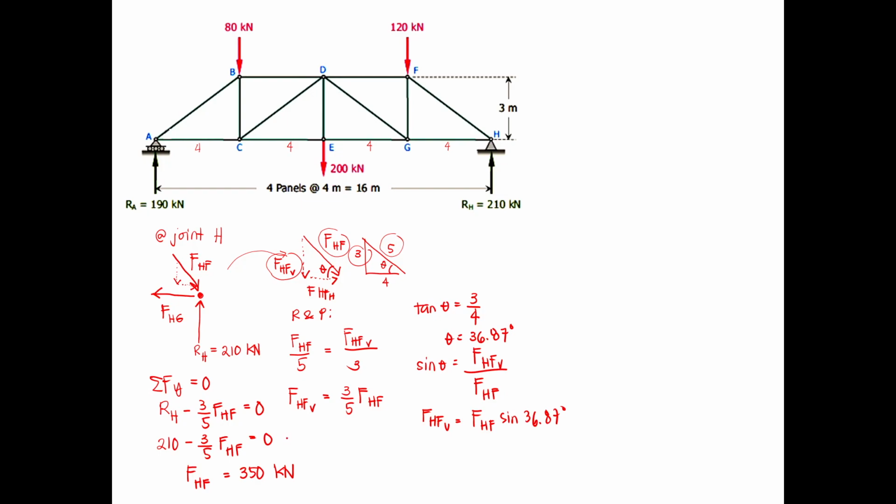So instead of this line here, you're going to have 210 minus FHF sine 36.87 degrees equals 0. So I think you'll still have the same answer for this one. So 350 still.